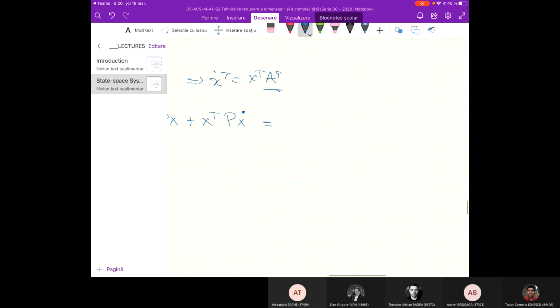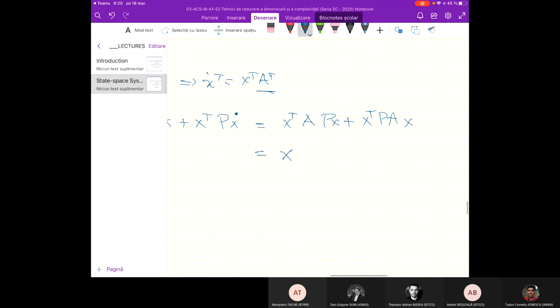So this can be written as x transpose times (A transpose P plus PA) times x. Do you recognize the Lyapunov equation?